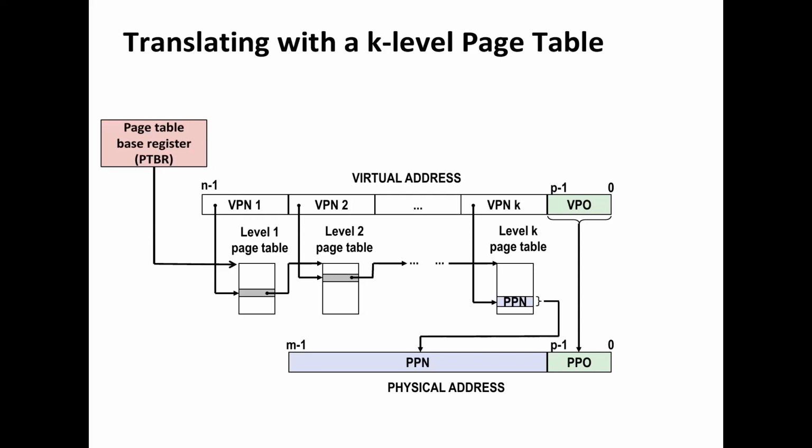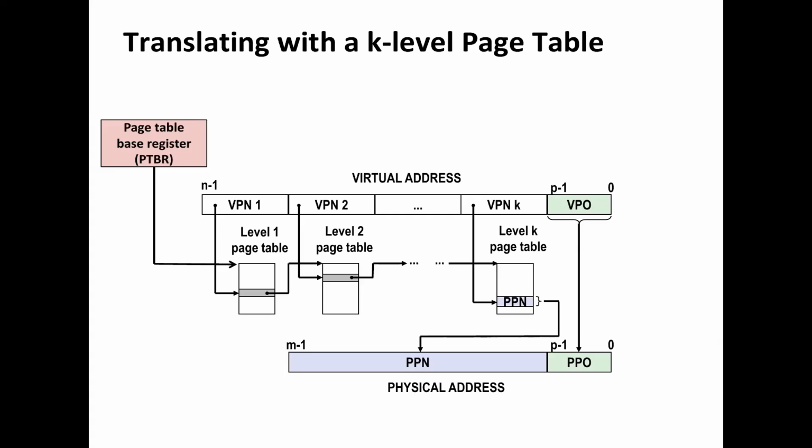Again, because the page size is a power of 2 number, and the entry size is a power of 2 number. That means the number of entries in each page level is going to be a power of 2 number, because a power of 2 number divided by a power of 2 number is still a power of 2 number. Therefore, you can continue extracting bits like this.